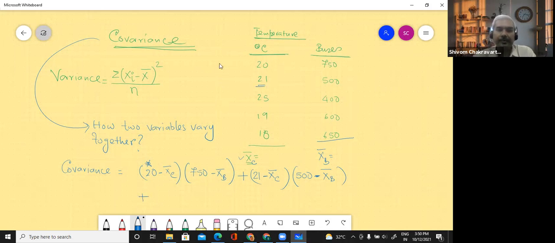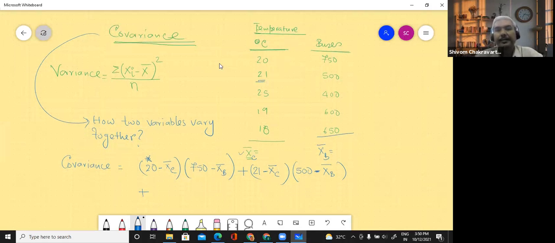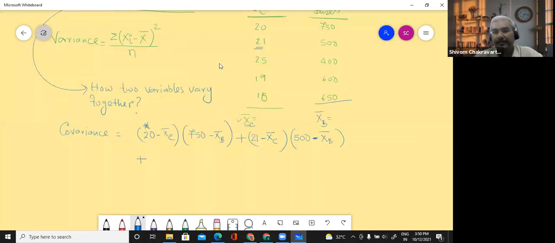We can also have a summation notation, which makes things very easy. The notation also means that we are adding all these numbers. We will see the notation also.